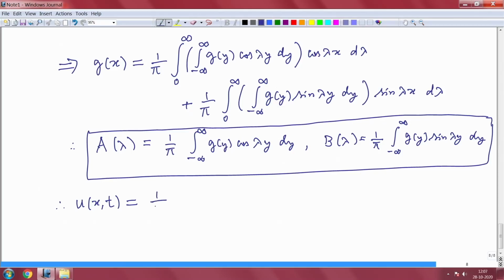So we obtain this formula, with the inner integral from zero to infinity of e to the minus a square lambda square t cosine of lambda times y minus x d lambda, and then there is dy.